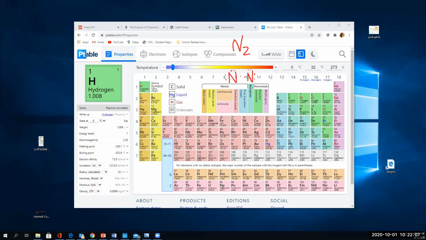Meaning having 8 around them, octet. Is it 1 each? Oh, no, sorry, I counted wrong. 3. 3 electrons each. Okay, so each one has to have 3 electrons to share.